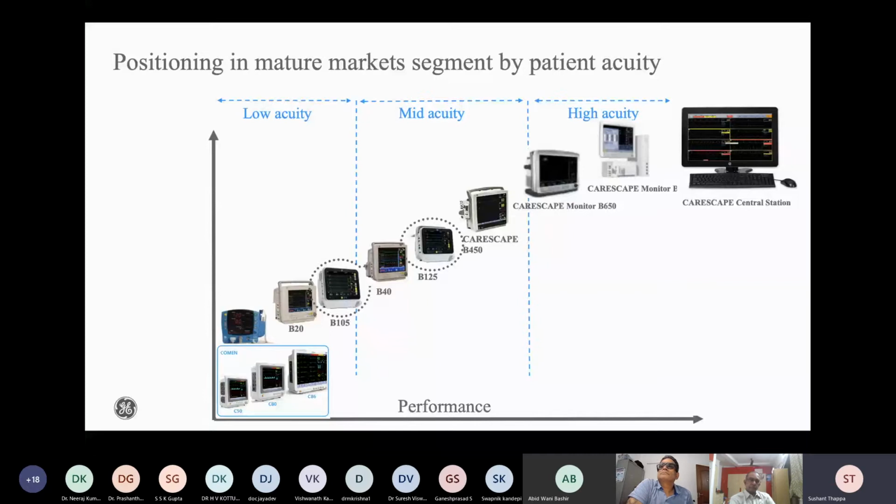You start with very basic stuff where you have some basic parameters, which I'll go into. Then you go into mid equity, where you also add a little advanced parameters. You add invasive blood pressures, you add your ETCO2 monitoring, you add transcutaneous monitoring. And then you go into high acuity, where you also add things like adequacy of anesthesia, entropy, and surgical breath indices.